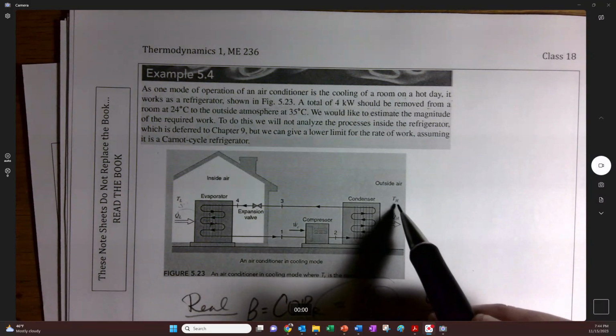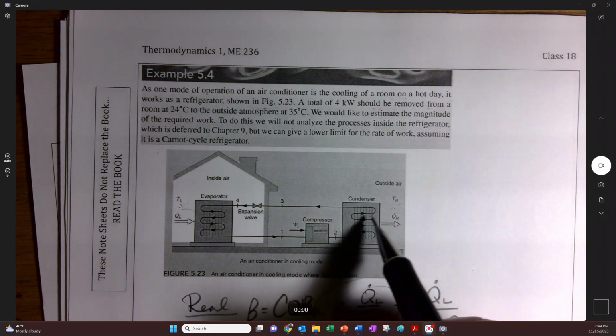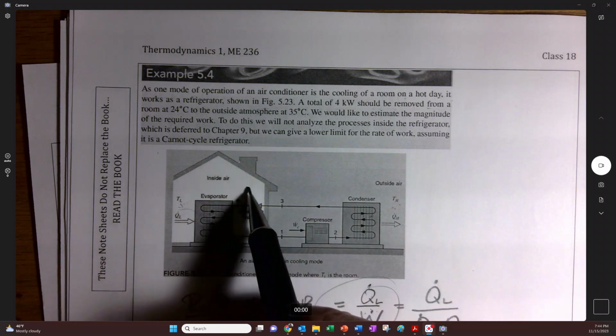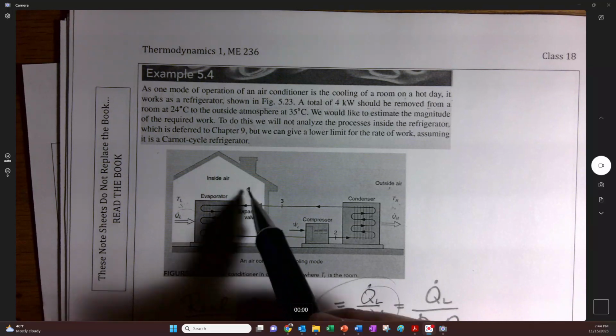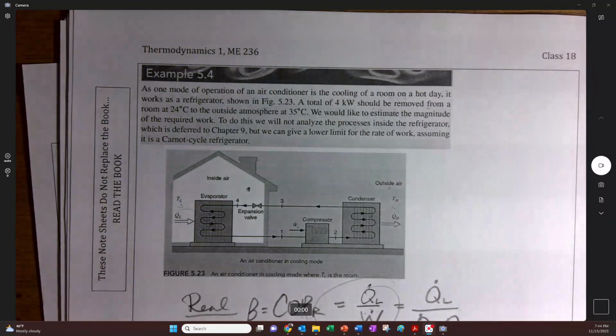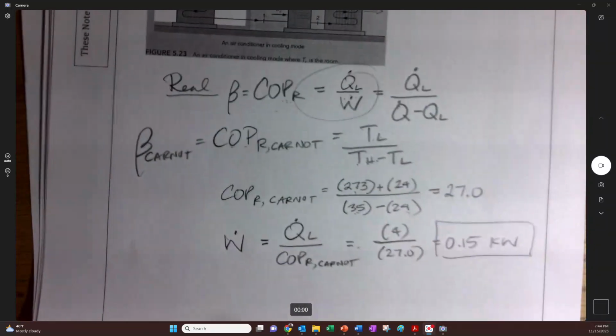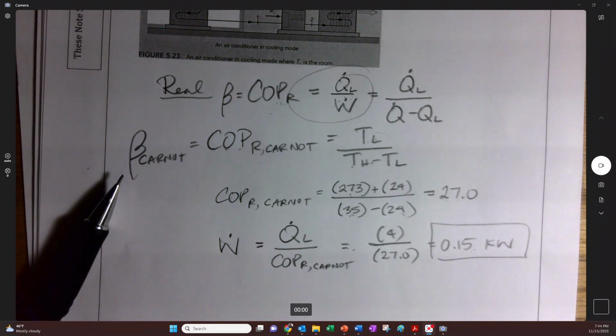And the same thing is true out here. This needs to be hotter than the outside, a higher temperature, in order for heat to come out right there. So even though these are the extremes of the room and the outside, heat needs a temperature difference in order to move. So right there, we're already belying what that 0.15 kilowatts would be.